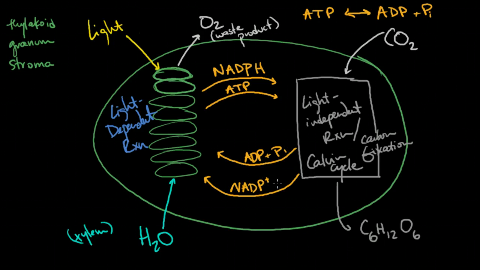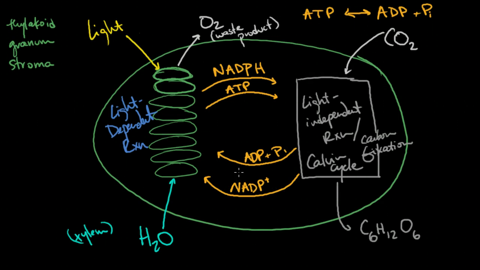So it has given away an electron, so now has a positive charge, and has also given away its hydrogen to this carbon fixation reaction. So these two molecules are going back to this light-dependent reaction to get new hydrogens, new electrons, and keep cycling back and forth.